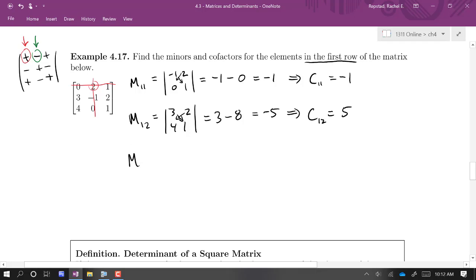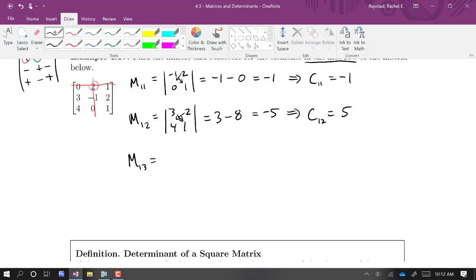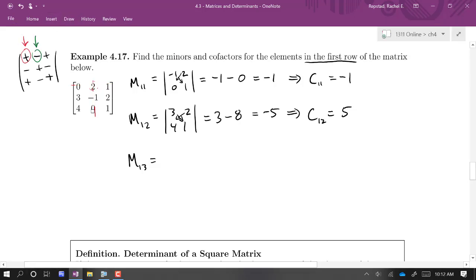And the minor for the last entry, so we're looking at 1, 3, so that's this entry here. I'm going to eliminate that row and that column. The minor 1, 3 is the determinant of the 2x2 that remains. Oops, should be a -1, 4, 0.